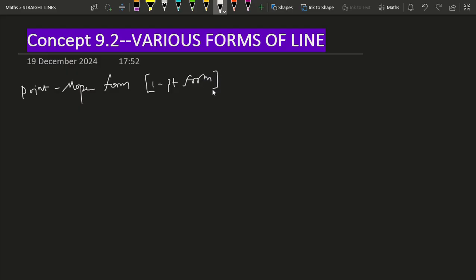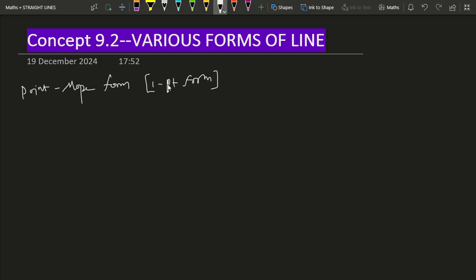Why do we call this one point form? In the question, if they give only one point and a slope, that is the major thing here. One point and one slope, then we can use this formula. How do we derive this formula, let us see.